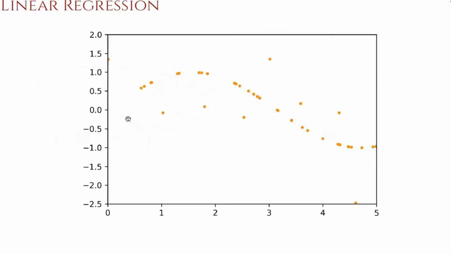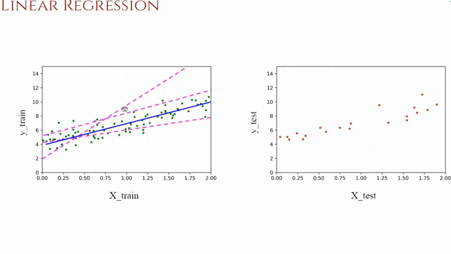Now, looking at these visually, we can say out of these four lines, this blue line is good. That is our capability of visually interpreting it.